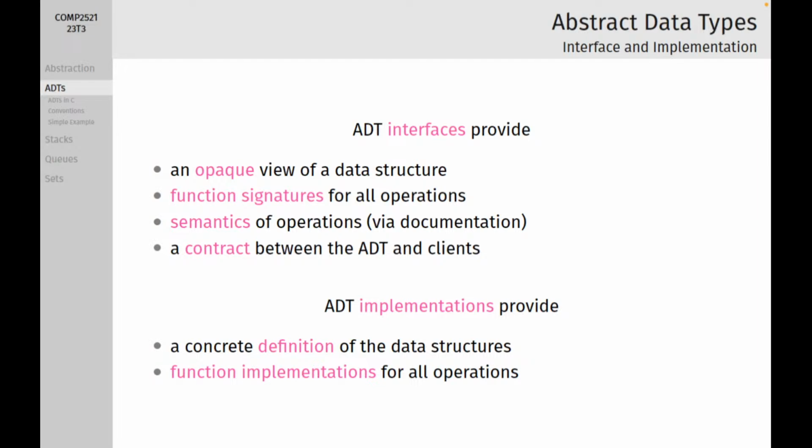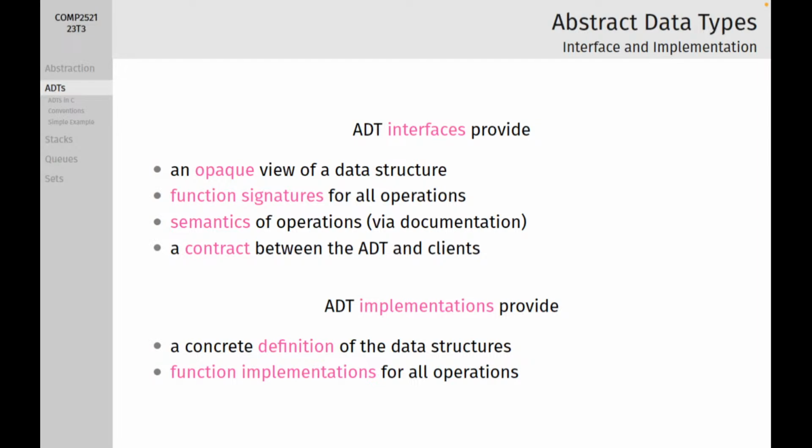So clear documentation is really important. So what would we include in documentation? We would include: what are the inputs of the operation? What are the outputs of the operation? What are the requirements for you to actually use the operation? Because maybe sometimes the operation cannot be used with specific inputs.